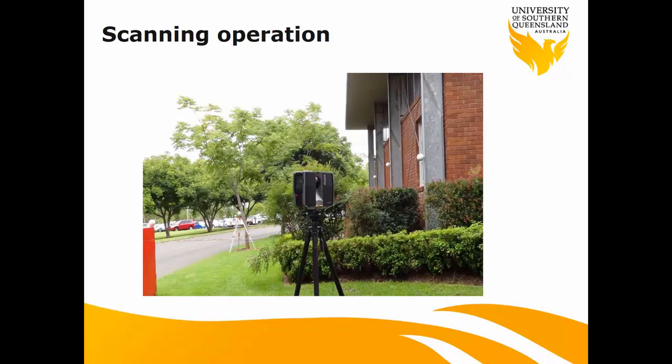Scanning operation: set up the instrument on top of a tripod, or a camera tripod, and then put out some targets. That's the basic setup for the instrument and for the targets. How many targets do we need? Minimum 3.